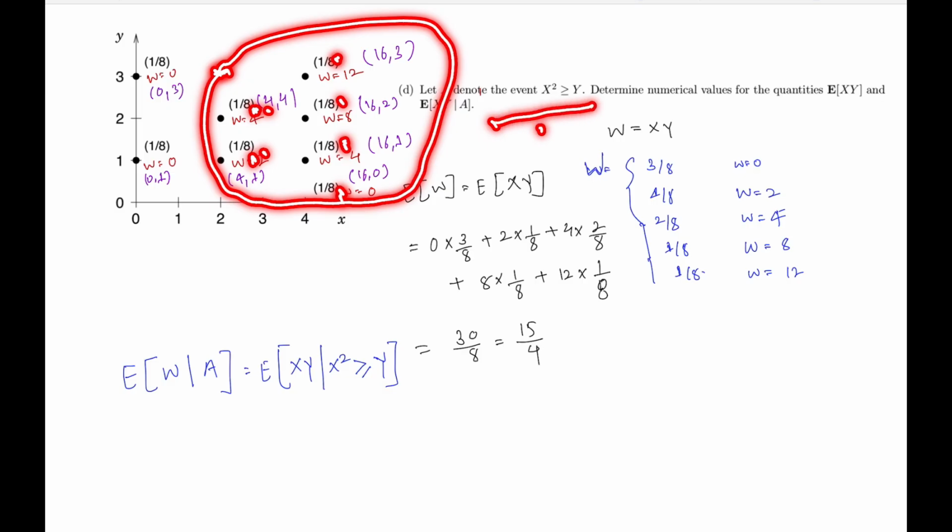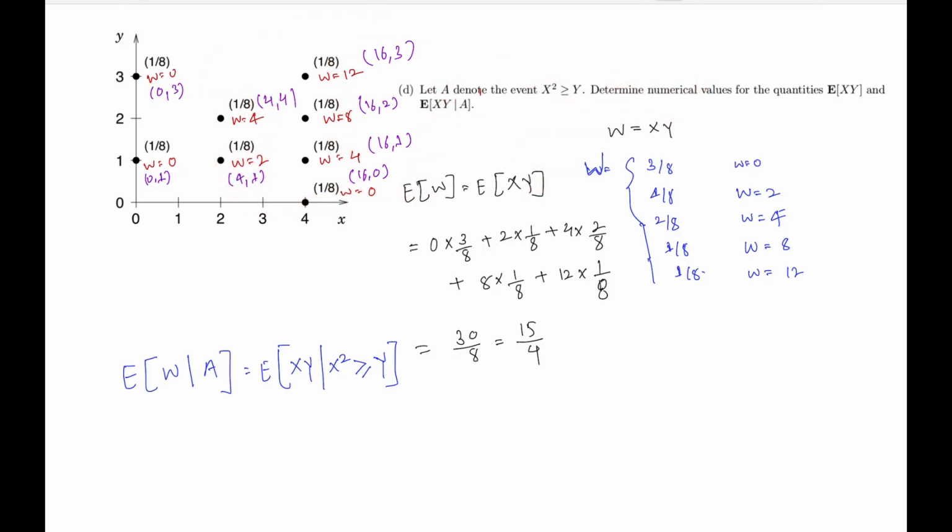So the total is 6 divided by 8. In the conditional universe also they will be equally probable. For this case it will be 1 divided by 8, so overall it will be 1 divided by 6. So each will have the revised probability 1 divided by 6. I hope you are clear how I am saying that.